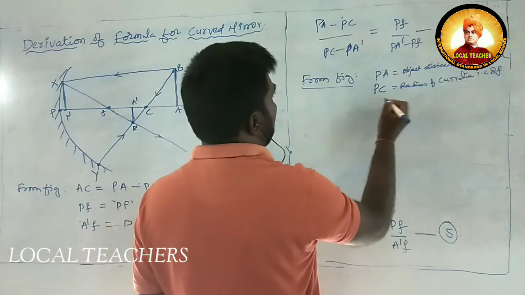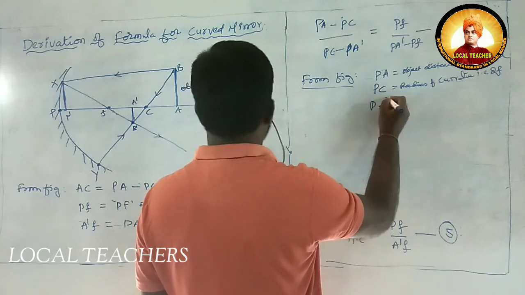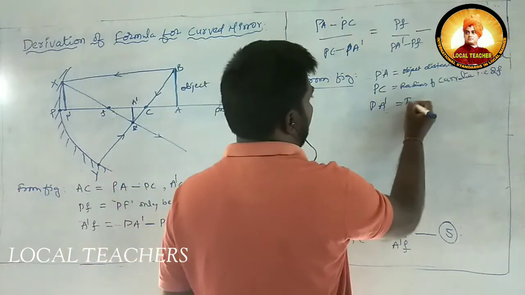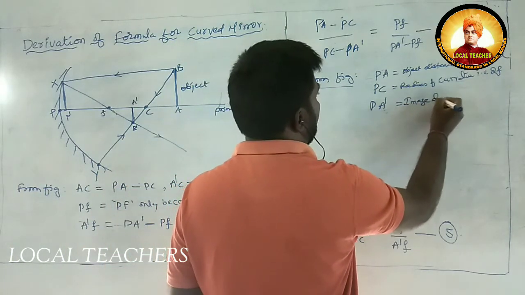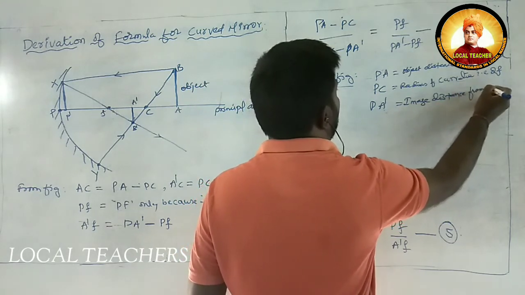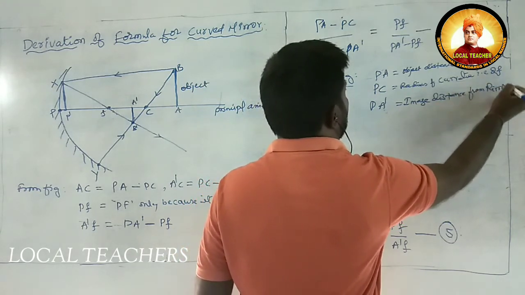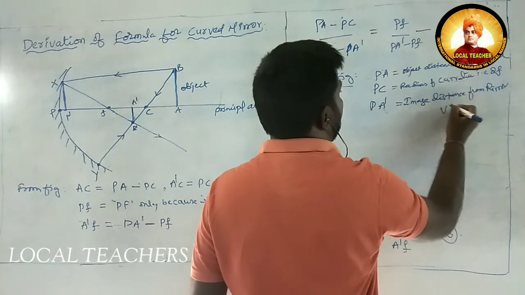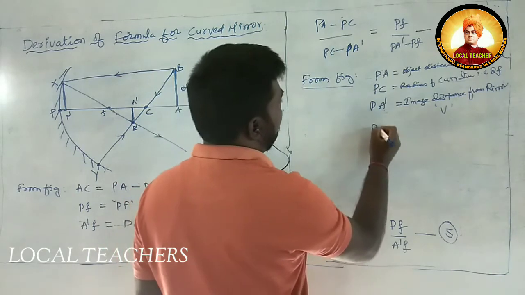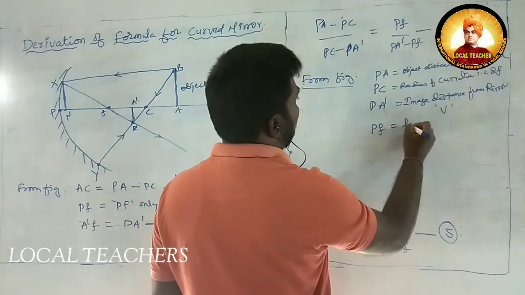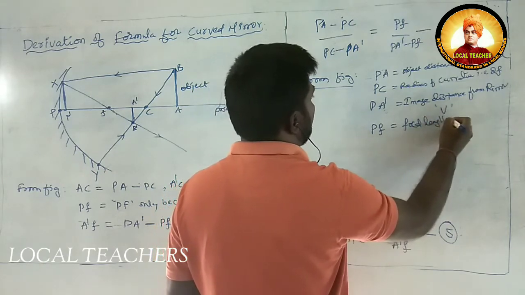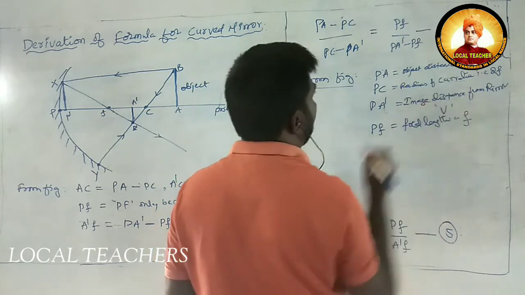Next PA dash equals the image distance from the mirror, that is v. Next PF equals the focal length, that is F.